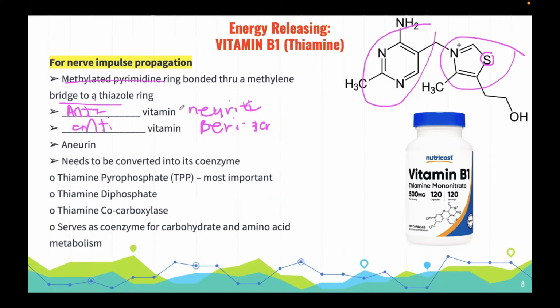It is an anti-neuritic vitamin and an anti-beriberi vitamin.